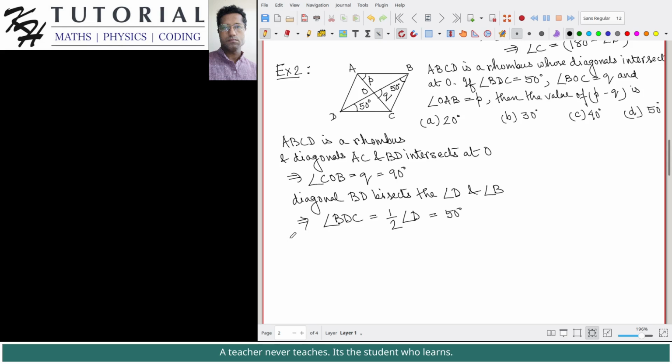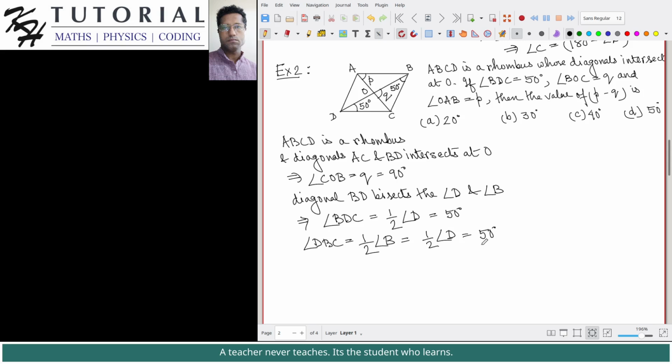Also, angle DBC will be equal to half of angle B, because the diagonal BD is also bisecting the angle B. Now, angle B and angle D are the same, so this is equal to angle D, which is also equal to 50 degrees.